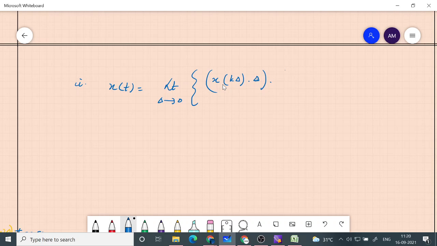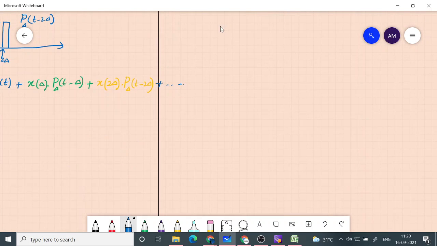Then we had the other term, which was p delta of t minus k delta divided by delta. Let me just verify whether what I wrote is correct.